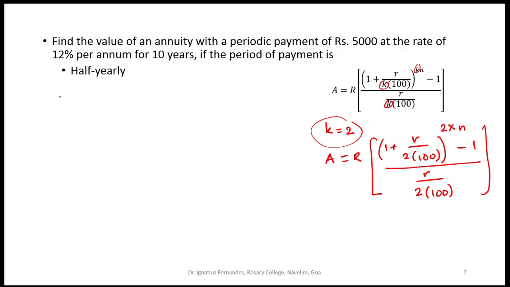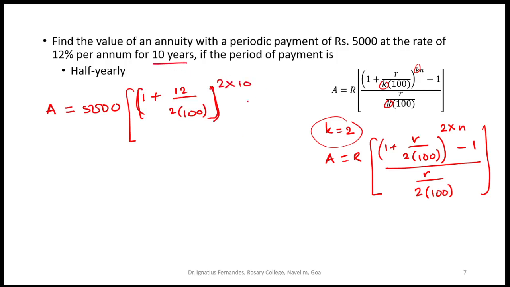So accordingly the values of K I put here, and this will be the formula for half yearly payment. So in this case now, if I want to find out the total amount, it will be equal to 5,000, that is the periodic payment, into 1 plus rate of interest 12 upon 2 into 100 raised to K is equal to 2 into N is 10 minus 1 divided by 12 upon 2 into 100.